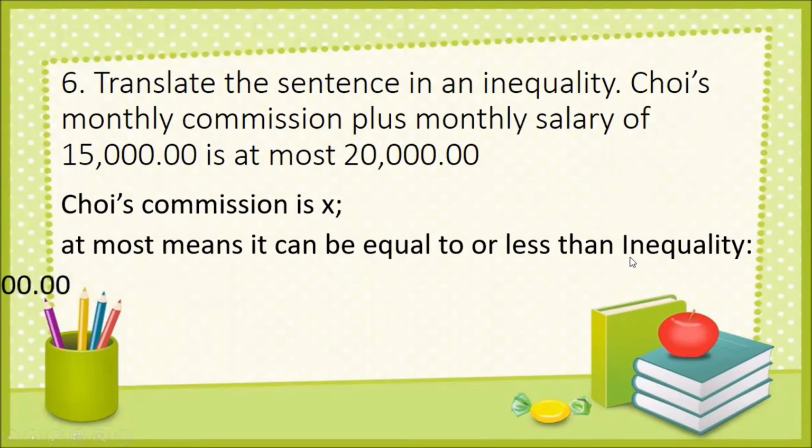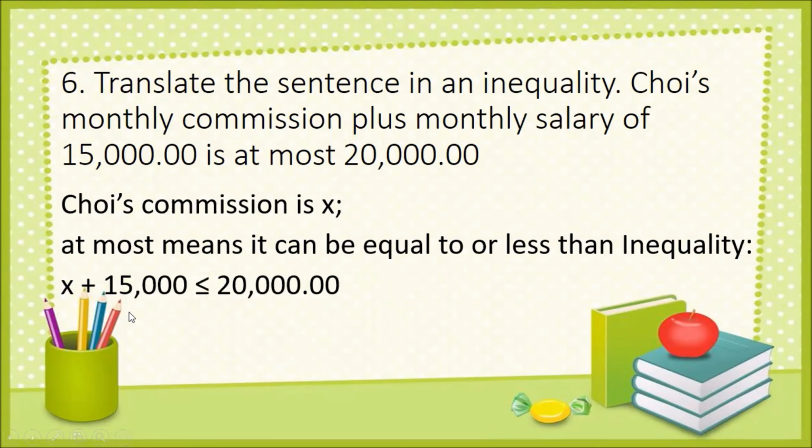So our formula, or the mathematical sentence, is x, the commission, plus 15,000 less than or equal to 20,000. So ito yung ating translation. I hope clear po ang mga examples na aking ipinresent.